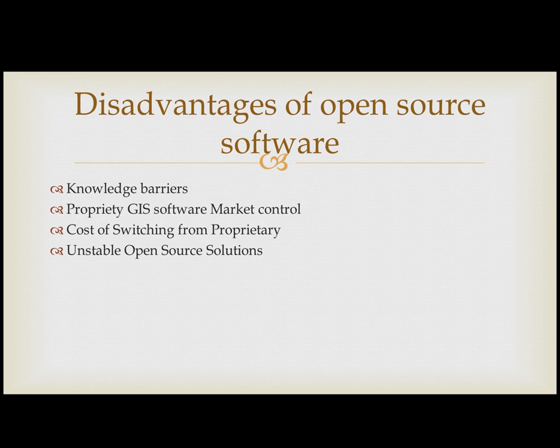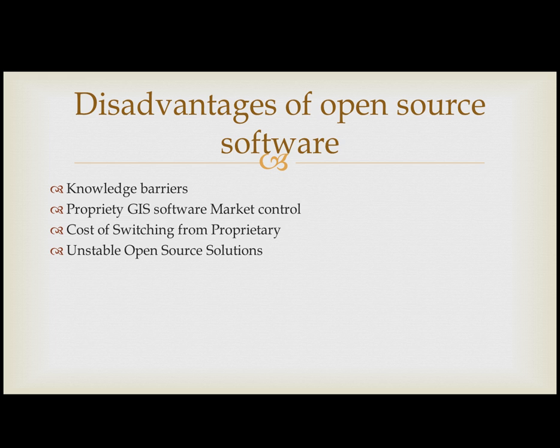Sometimes the cost of switching from proprietary software to open source software is very high for organizations, in particular organizations that have business processes that are dependent on the proprietary software. So sometimes switching to an equivalent open source option is not possible because they are dependent on the proprietary software and the technicalities that it has for their business process.